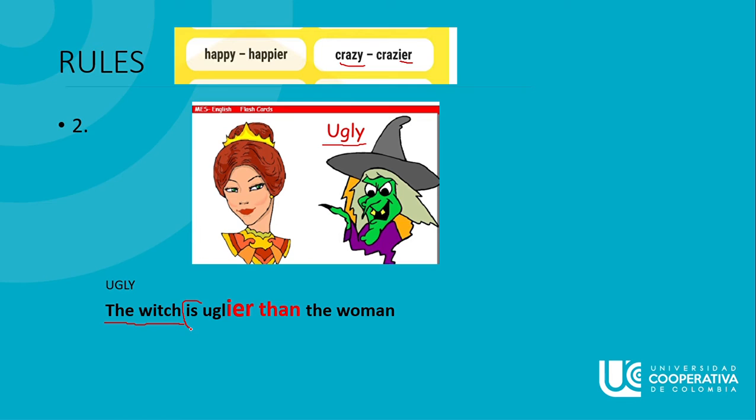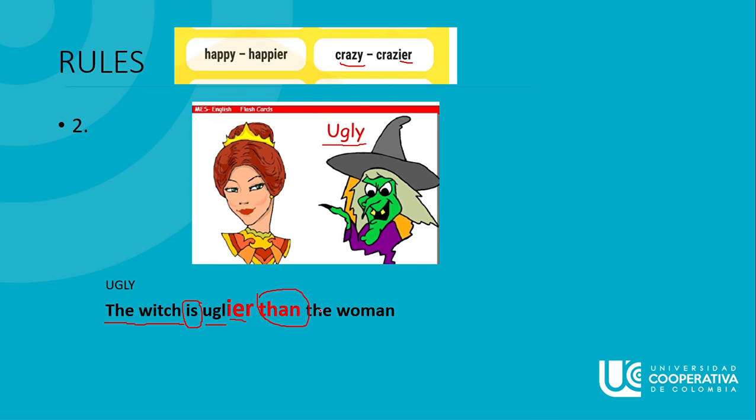we complete connecting the verb be, and after that, we place the adjective and we apply the rule. Change the letter Y into I, add "-er" at the end of the adjective, plus the word "than."